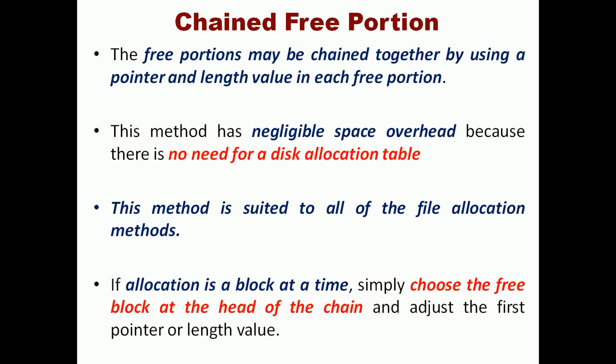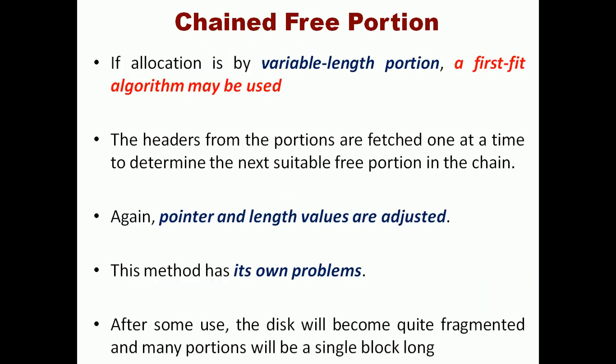Okay, this method has a negligible space overhead because there is no need for a disk allocation table here. Only the pointer, the linked list, is more than sufficient. So this method is suited to all of the file allocation methods. If allocation is a block at a time, simply choose the free block at the head of the chain and adjust the first pointer or length value.